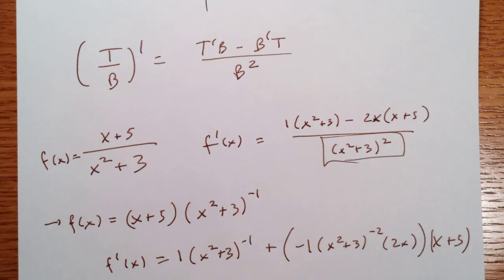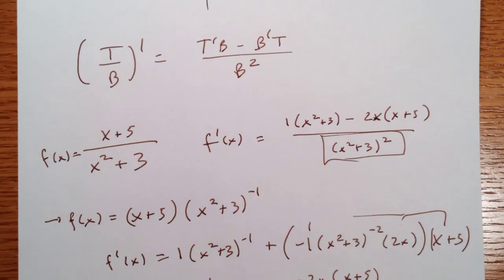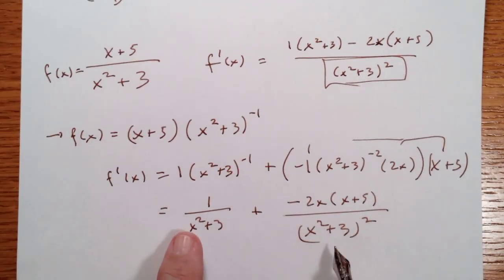This becomes 1 over x squared plus 3 plus -2x times x plus 5 over x squared plus 3 squared. If I want a common denominator, I get exactly this expression. If you hate the quotient rule, you don't ever have to do it. You can rewrite stuff and use the product rule and the chain rule. The quotient rule is based off of the product rule and the chain rule together.